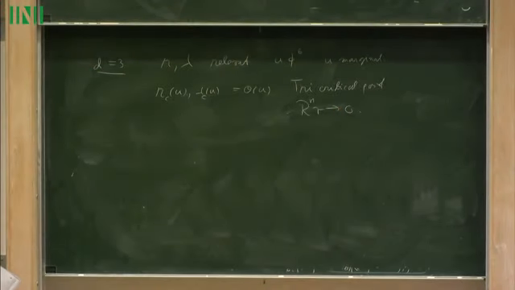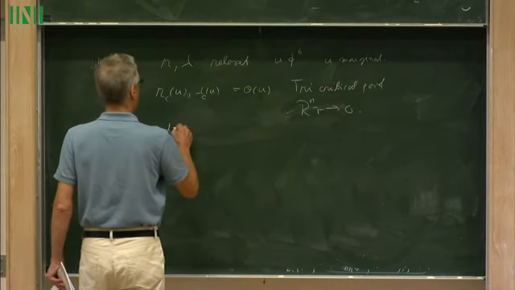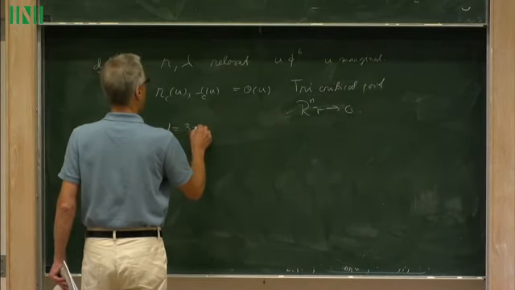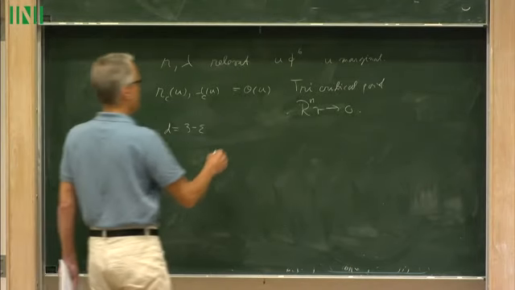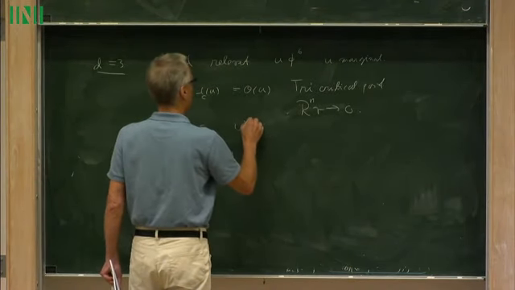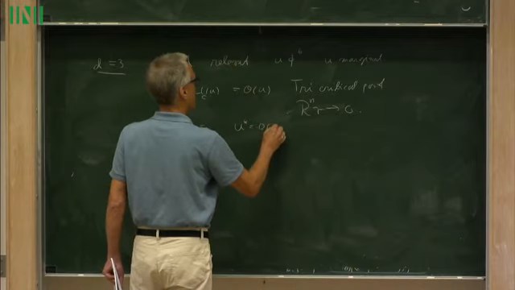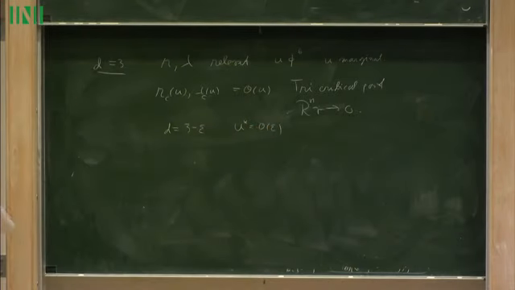But then, of course, you can take 3 minus epsilon, and exactly like here, the tri-critical point becomes perturbative. So you get U star of order epsilon, and you get the non-Gaussian tri-critical point.